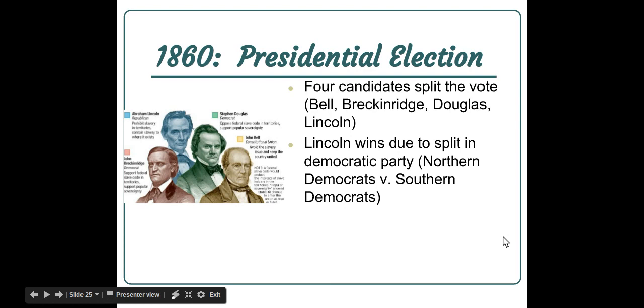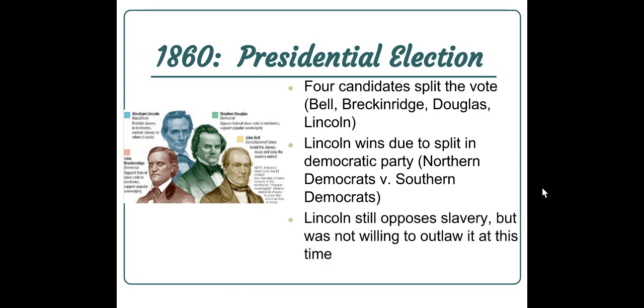Now, Lincoln basically is going to win due to the split in the Democratic Party, because you do have Northern Democrats with Stephen Douglas and Southern Democrats with John Breckinridge. When you have a split in a political party, it's going to split the votes, which gives Lincoln all the Republican votes.